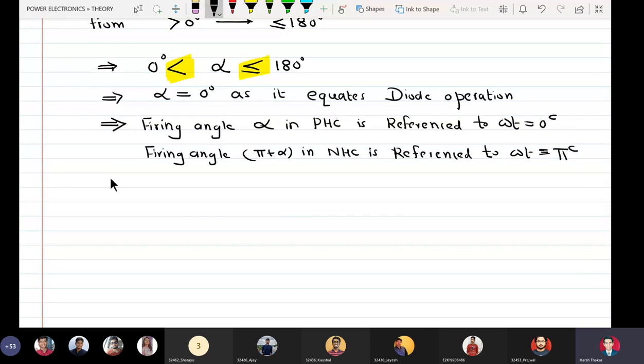Okay, so also I want to remind you that omega t equal to 0 is the natural switching point for the forward diode.